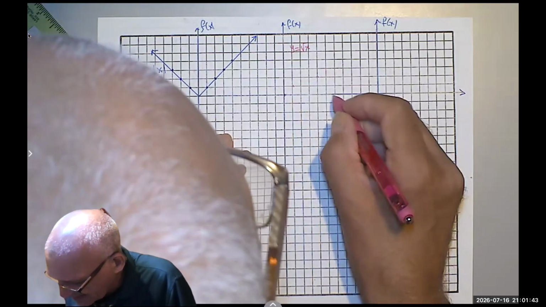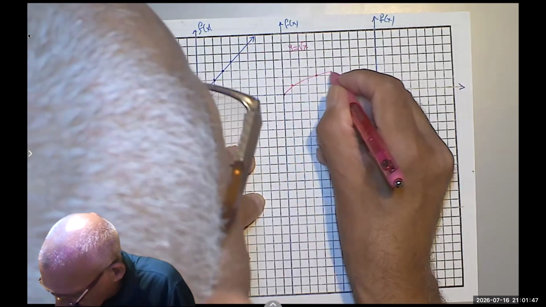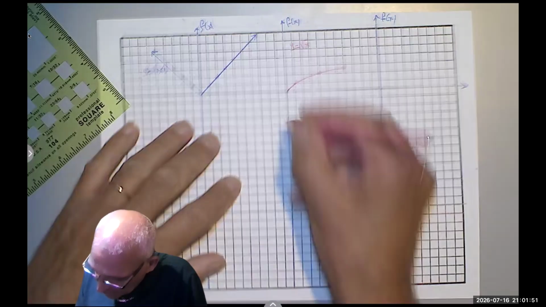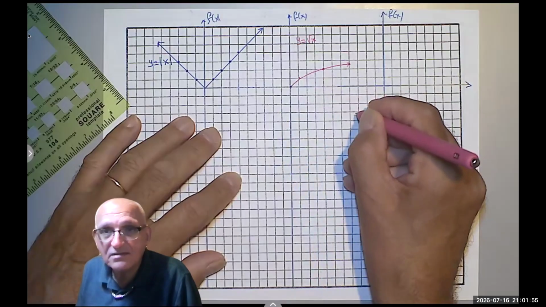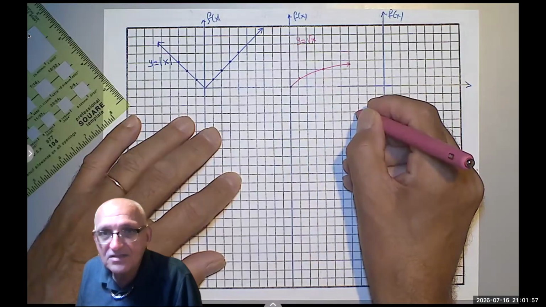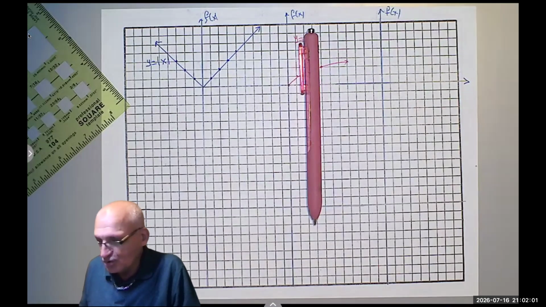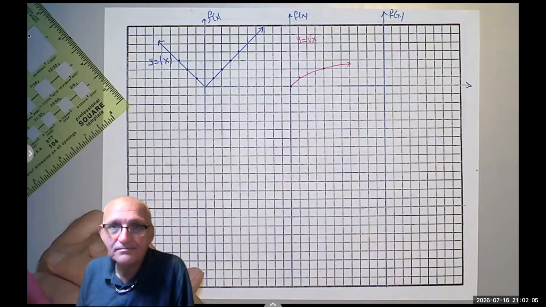Square root of 9 is 3. So it goes something like that. If I do it with negative 1 and negative 2 and negative 3, do you see what happens? It fails the vertical line test. So I have to do it only on this branch.